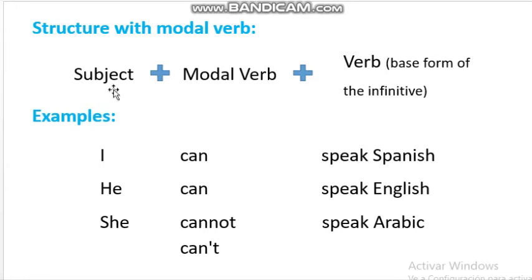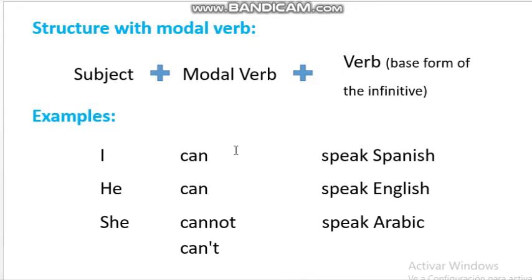We are going to change the words in the structure. I is the subject, can is the modal verb, and speak is the verb without to. So we make the sentence: I can speak Spanish, which is positive.